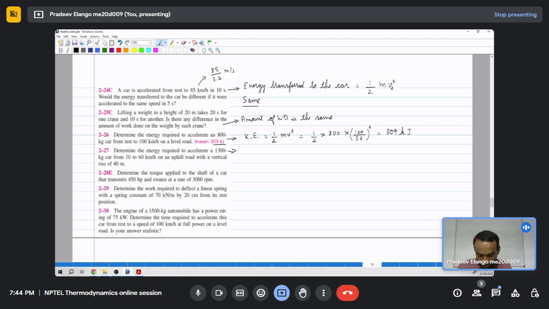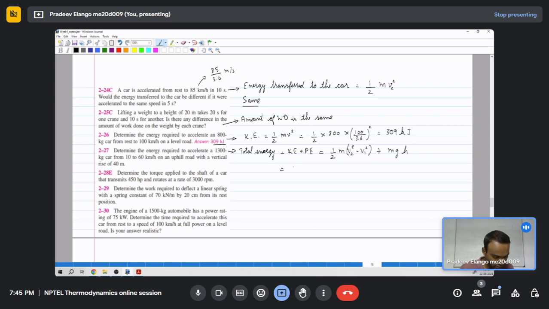Determine the energy required to accelerate a 1300 kg car from 10 to 60 km per hour on an uphill road with a vertical rise of 40 meters. So now the total energy is the summation of the kinetic energy plus the potential energy, and for kinetic energy it is half m, v2 square minus v1 square, plus the potential energy is mgh.